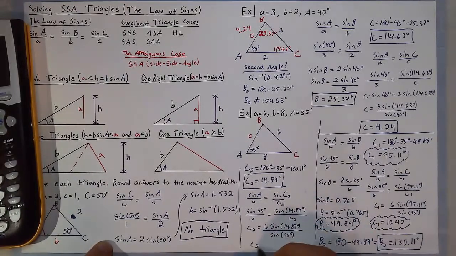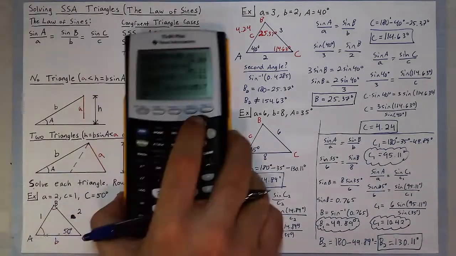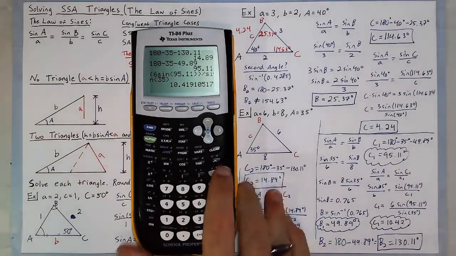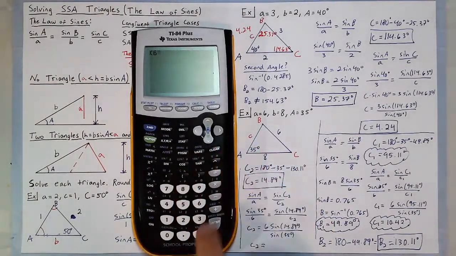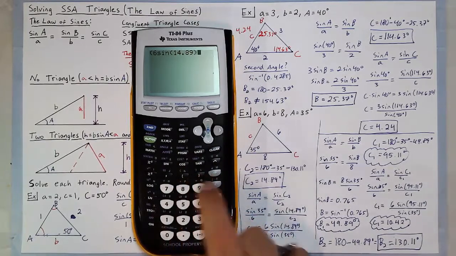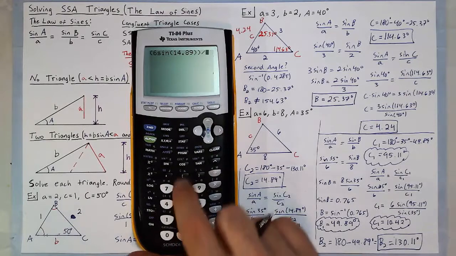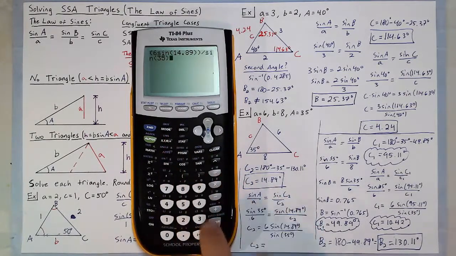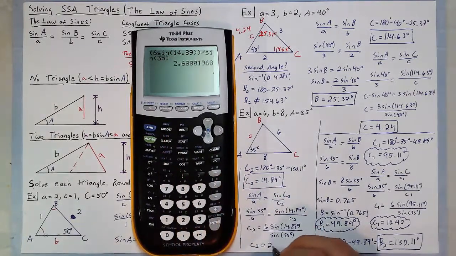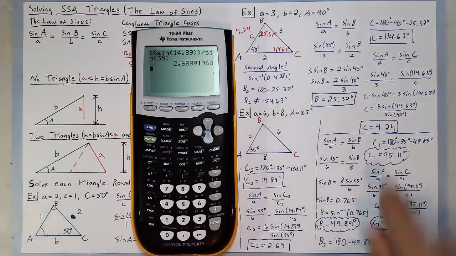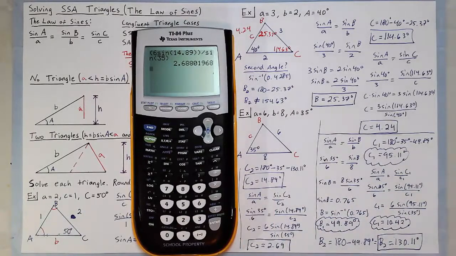Leaves me with this side C2 equal to 6 times sine of 14.89 divided by the sine of 35 degrees, 2.69. So two possible solutions for two different triangles.